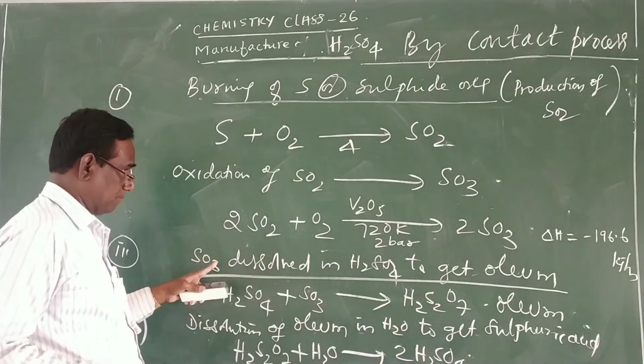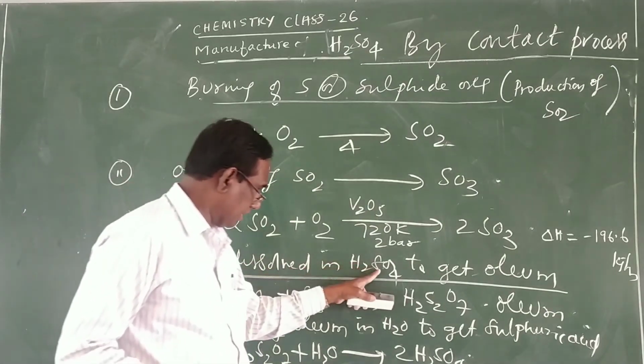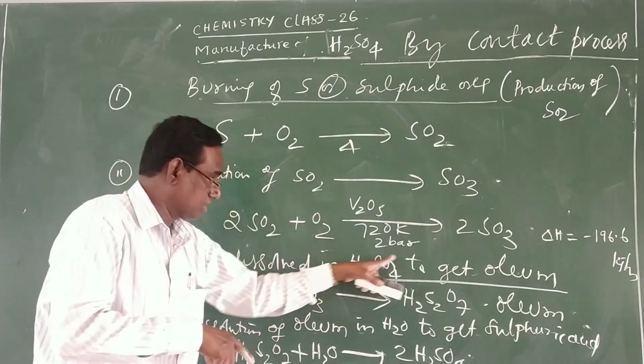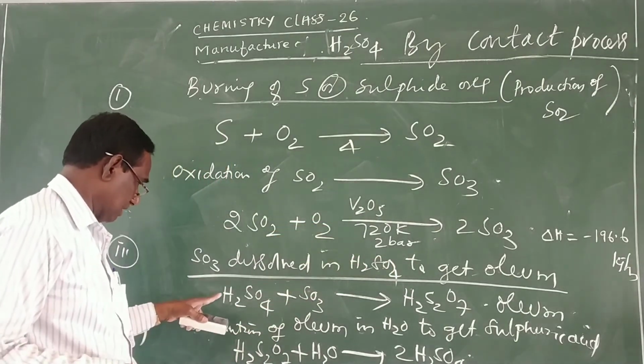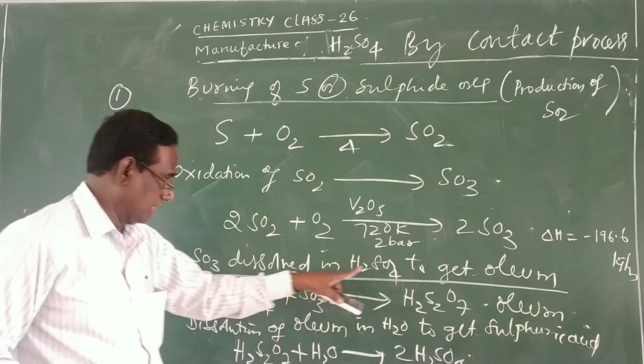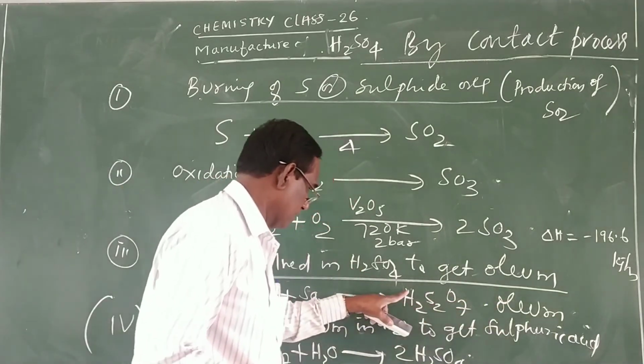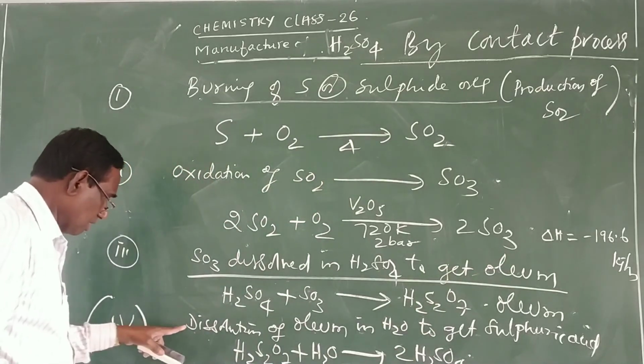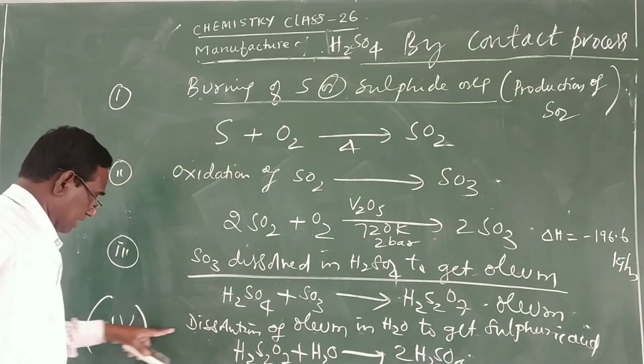In the third step, the sulfur trioxide is dissolved in sulfuric acid to get oleum. That is H2SO4 plus SO3 gives H2S2O7. What is oleum? H2S2O7 is called oleum. Next, in the fourth step, dissolution of oleum.